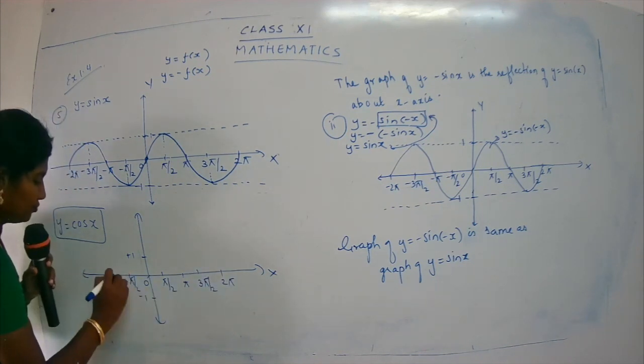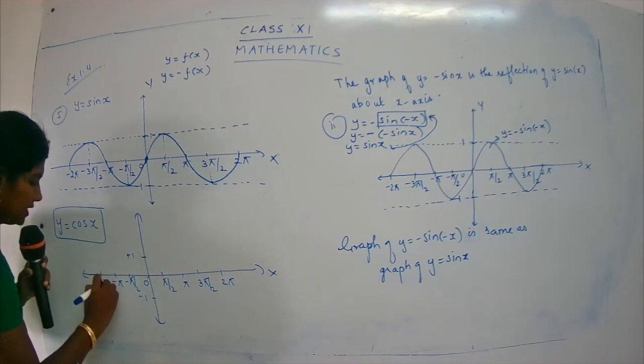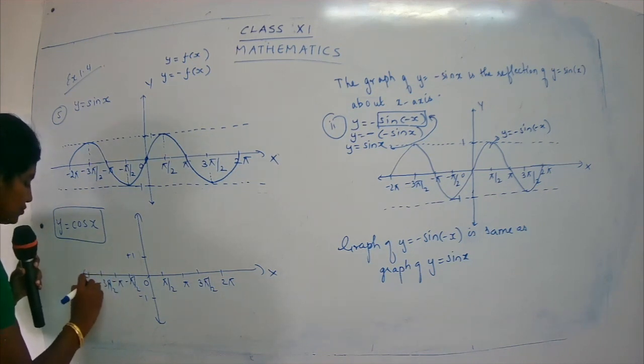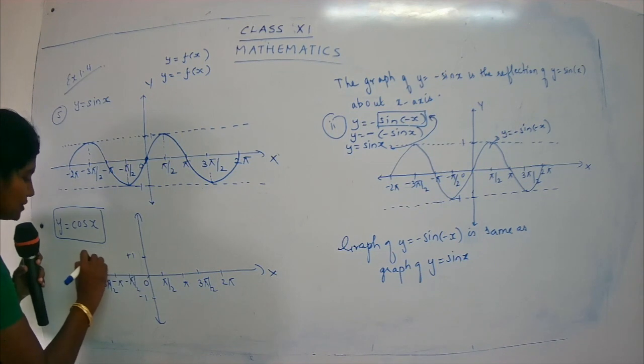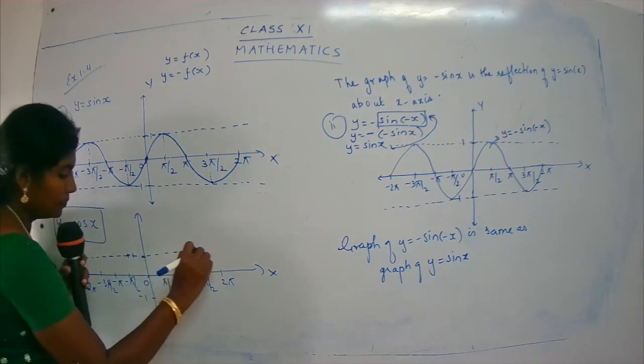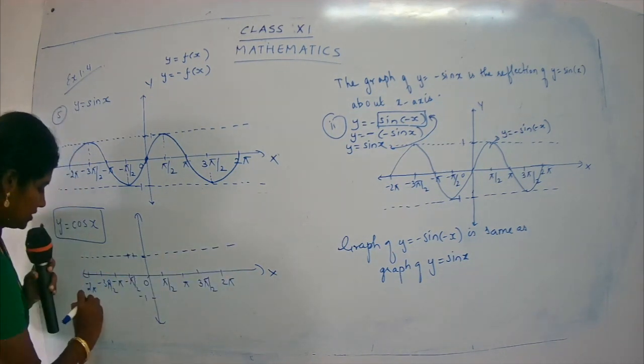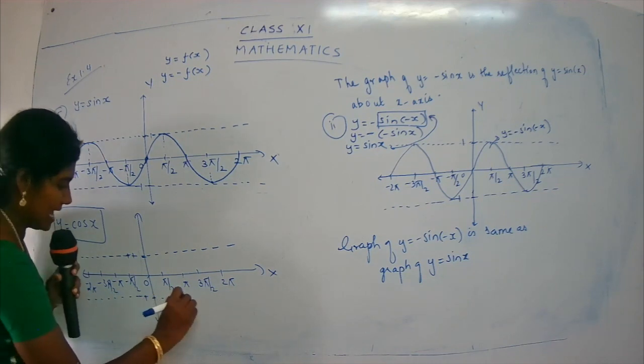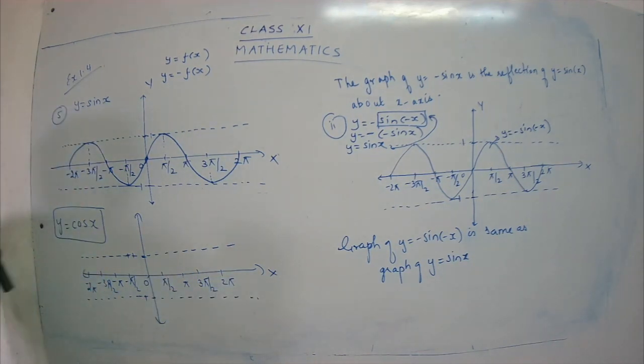Here you have minus pi by 2, minus pi, minus 3 pi by 2, minus 2 pi. Let's have small dotted lines so that our graph looks neat and tidy. I have completed the basic part.